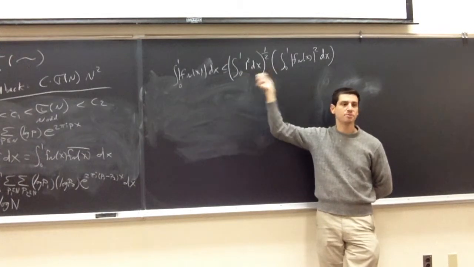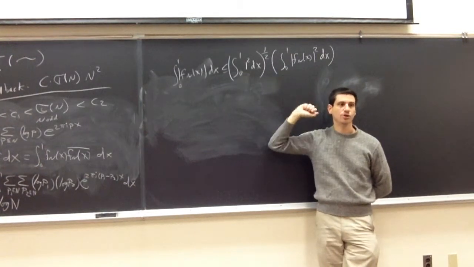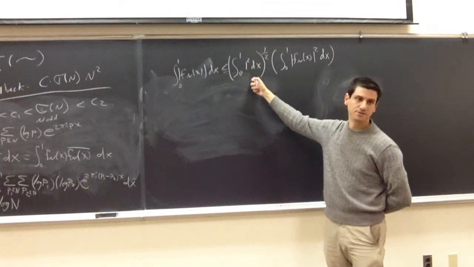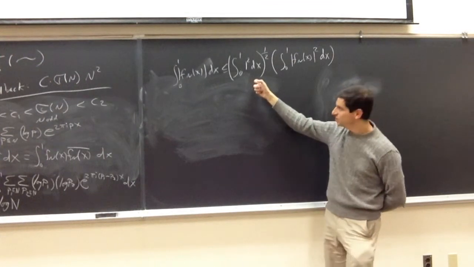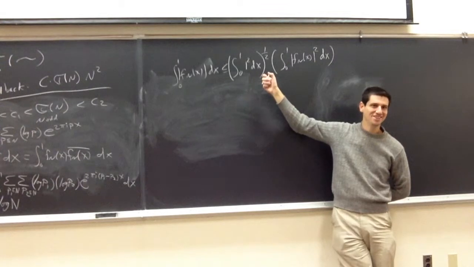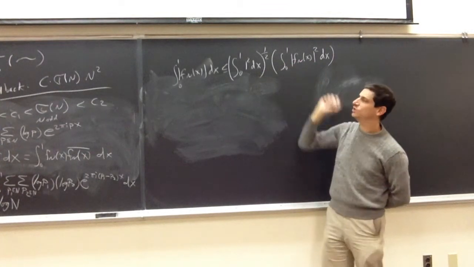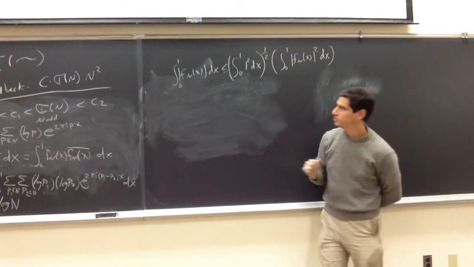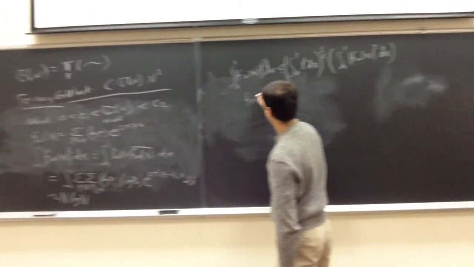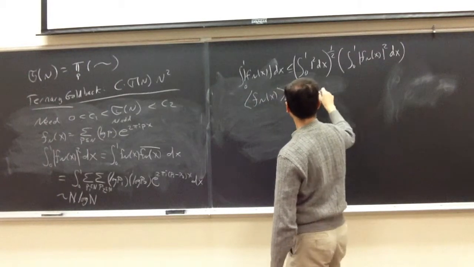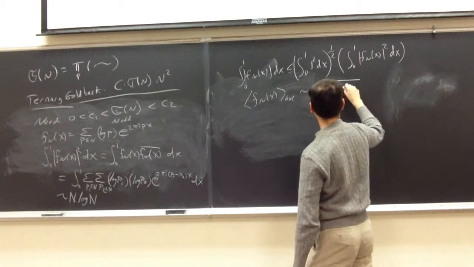Whenever you have two functions that are both integrable, or at least integrable when you square them, you should think Cauchy-Schwarz. This is harmless. In fact, it's really harmless because it equals 1. And so that's going to give you the square root of the L2 norm. And so this is going to give us that f_n of x, the average value, will be of size square root of n log n.